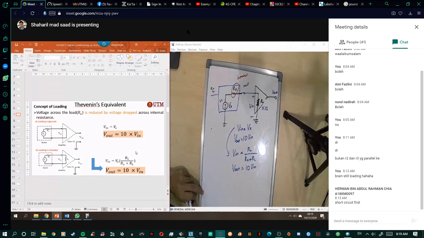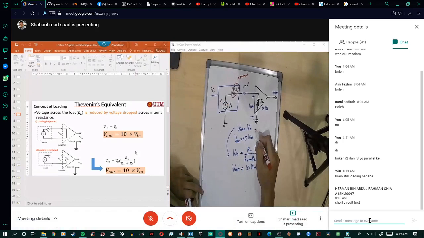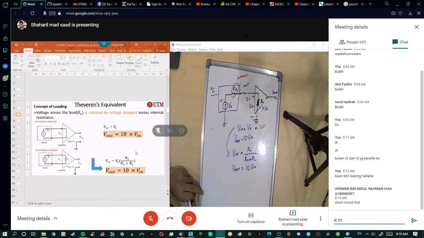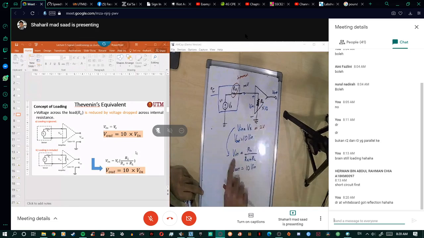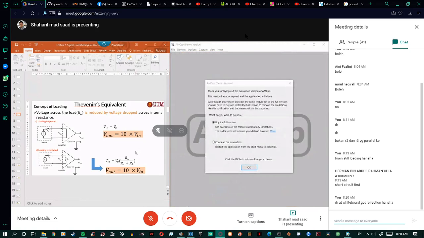So now you will get 2 volt as V in. And when you include the loading, your V in is not 2 volt anymore, because it will drop here. So you will get something like 1.5 volt. So the output is just 10 times 1.5 volt.